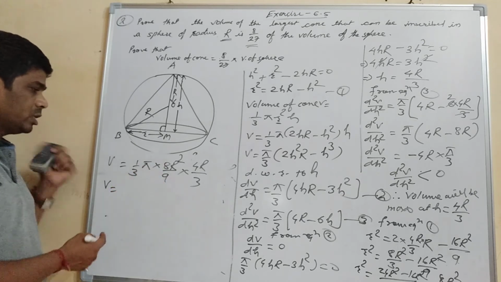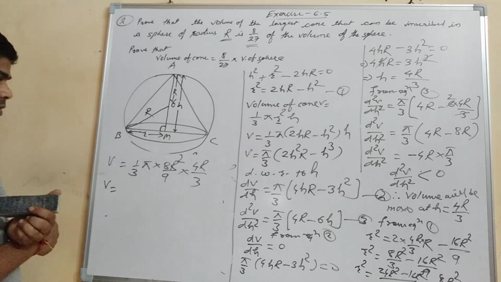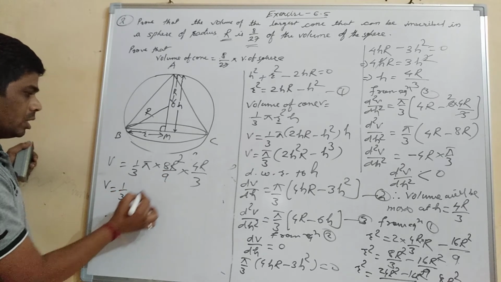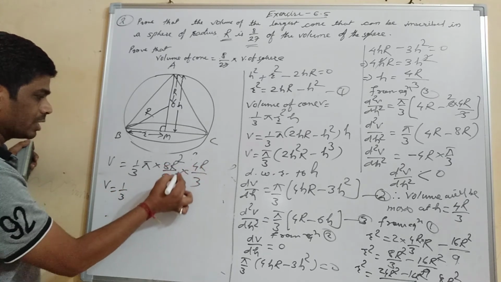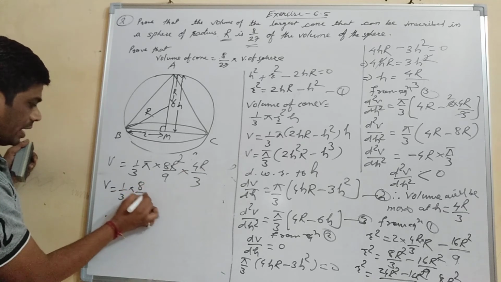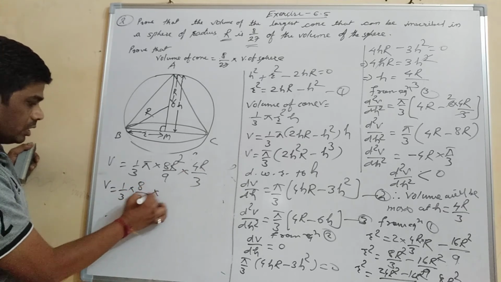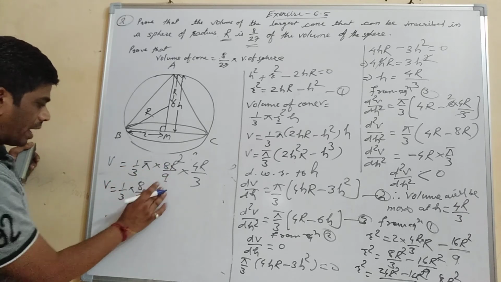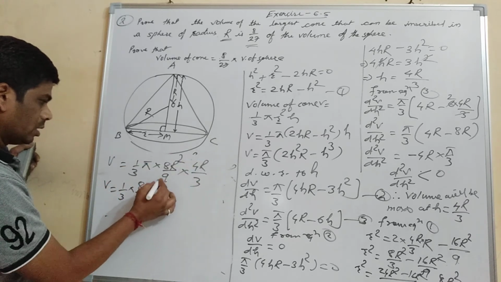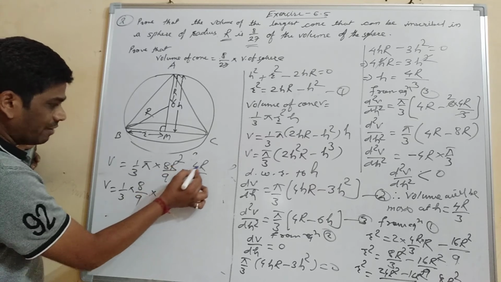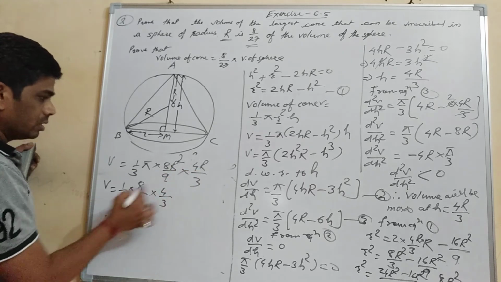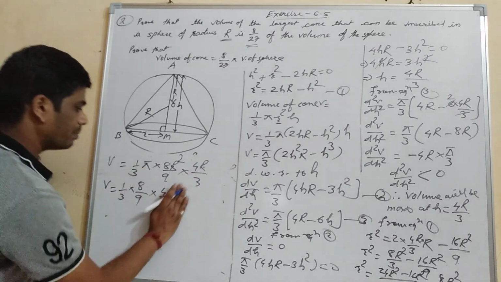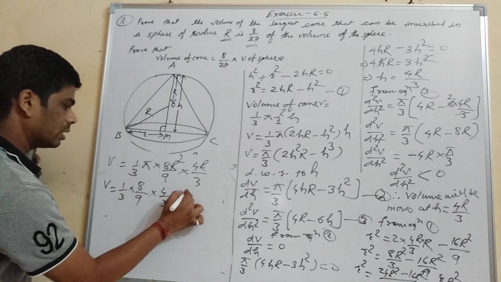Volume of a sphere is 4 by 3 pi R cube. So it will be 1 upon 3 into 4 by 3 pi R cube. 8 upon 9 as it is, into 1 upon 3 we wrote pi, into what is left 4 upon 3, and R square and R will be R cube, pi R cube.